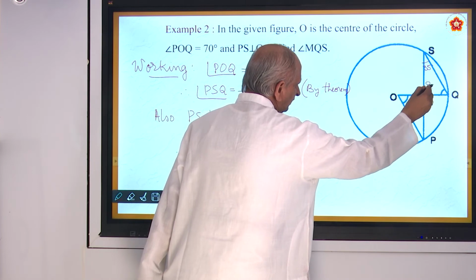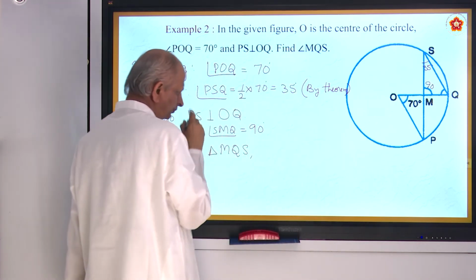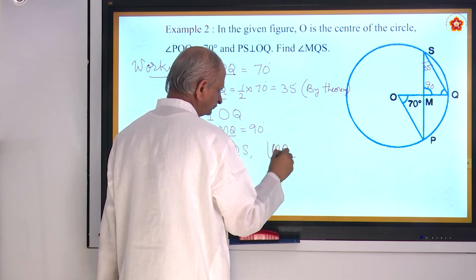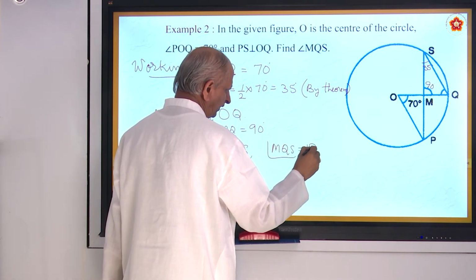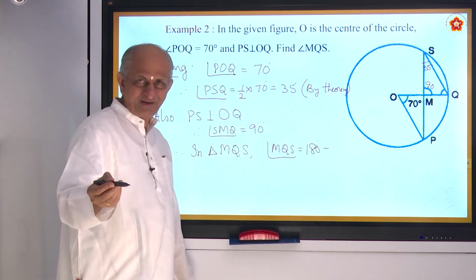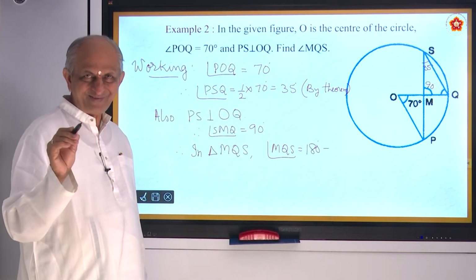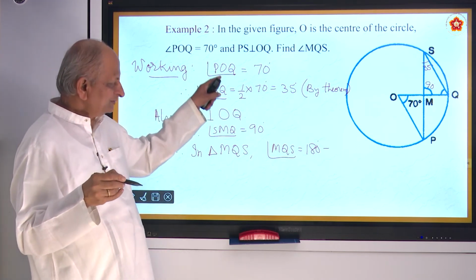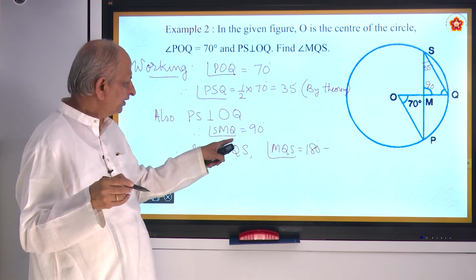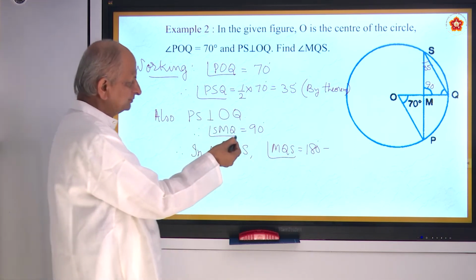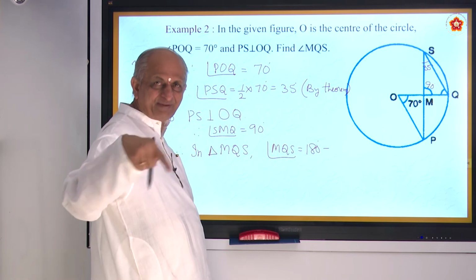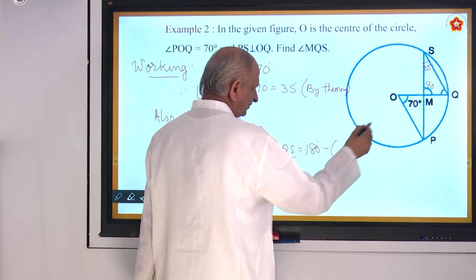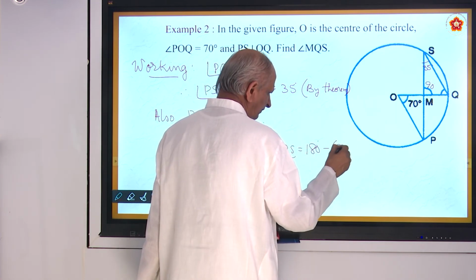See here. In MQS, angle M is 90 degrees, given. This is 35. So angle MQS becomes 180. Writing down? No. Come on. Start writing. This I understood, no? Simple. This also understood. Last point. What is the sum of the three angles of a triangle? 180. So 180 minus, what is given? 90 is given.